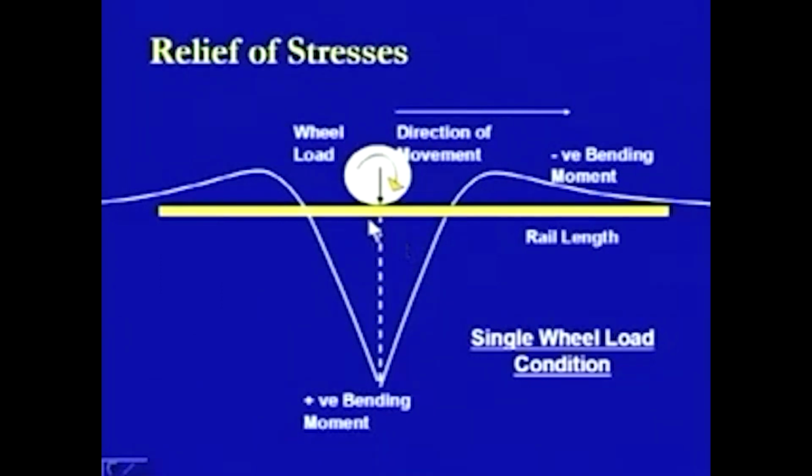This rail seat is defined in terms of the rail and its connectivity with the sleeper at this point. Now, in this condition, the maximum positive bending moment is going to be induced, and this value shows the amount of maximum bending moment which is going to be induced. Right now, we are not interested in finding this value. What we are interested in is understanding what is happening here.